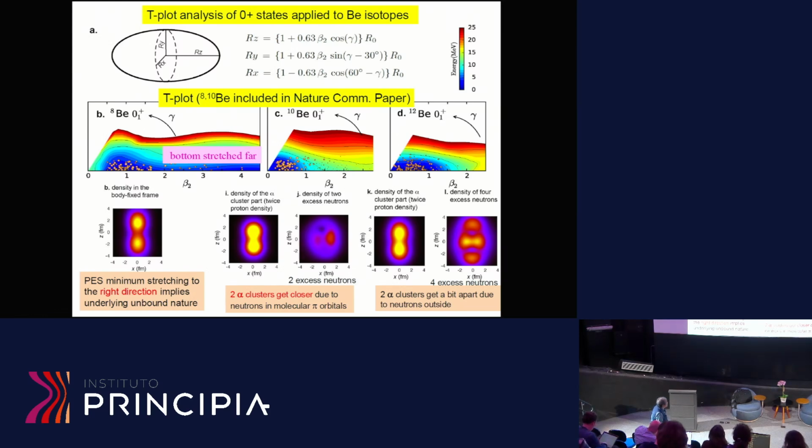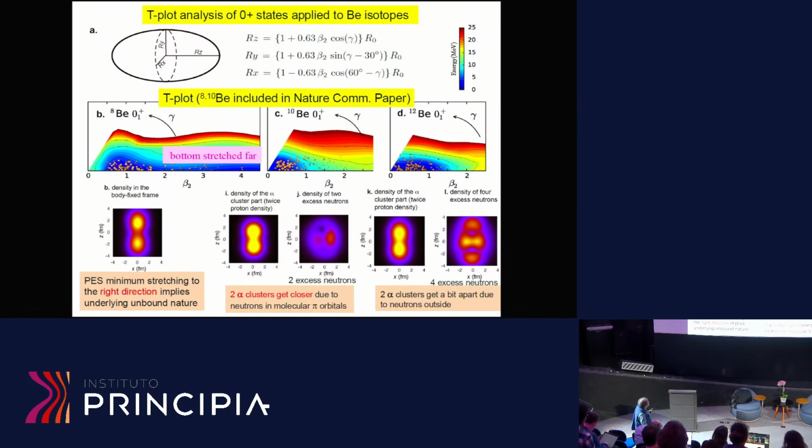That's probably due to this neutron excess distribution. Now 2 neutrons are here, but 2 other neutrons are here and here. Those neutrons actually pull out the protons, so the alpha configuration is a little bit stretched like this.